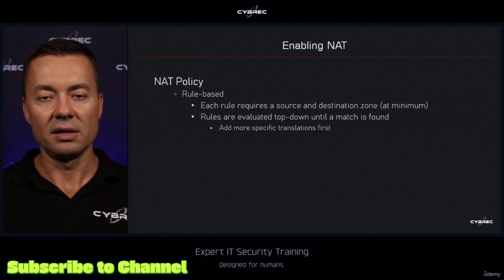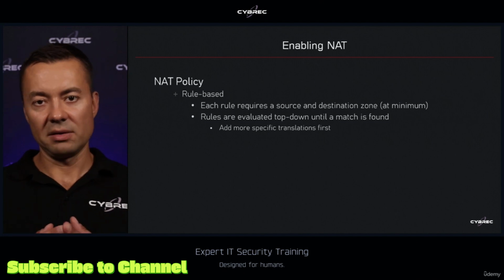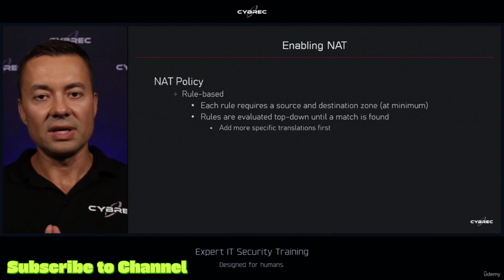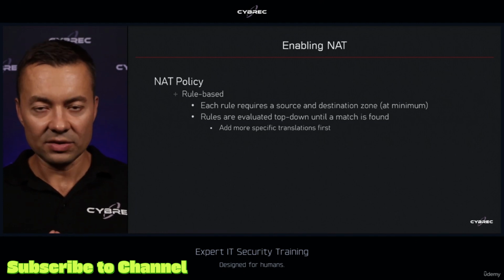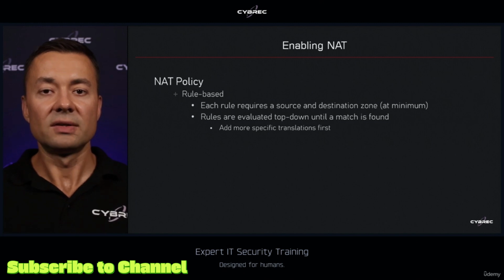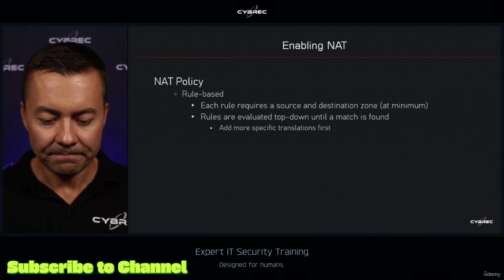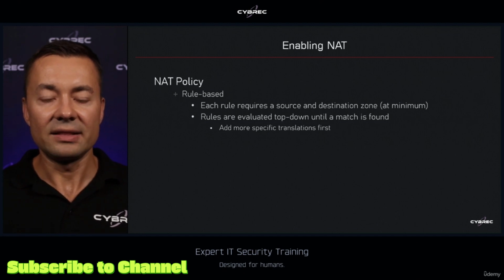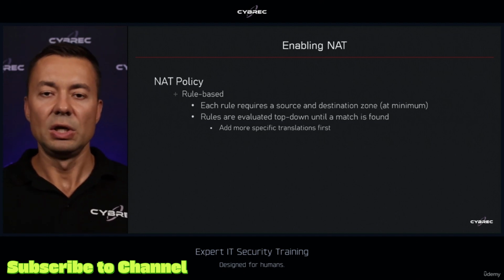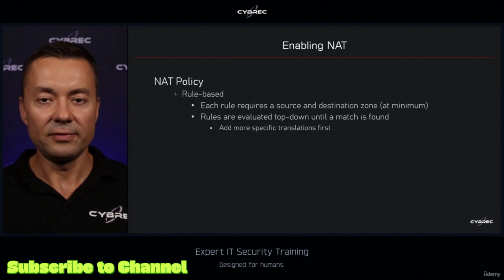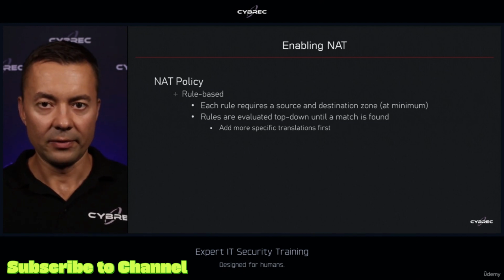We will check if a rule matches a packet. If it matches, we will perform a translation based on what the rule says. If we don't have a match, we will evaluate subsequent rules in the policy, which also means that for any type of specific translations, you should always put them first in the policy before any type of broader rules.